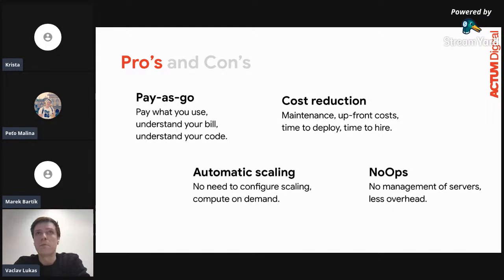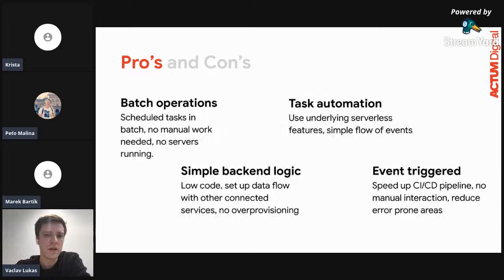And yeah, speaking of people, it is no ops. Well, I probably shouldn't say no ops. It's low ops. There is, of course, some operation there, but the bigger part of it that comes with the management of servers really gets easier when you try to use serverless. And yeah, you can also have less overhead, which again will introduce great cost reductions.